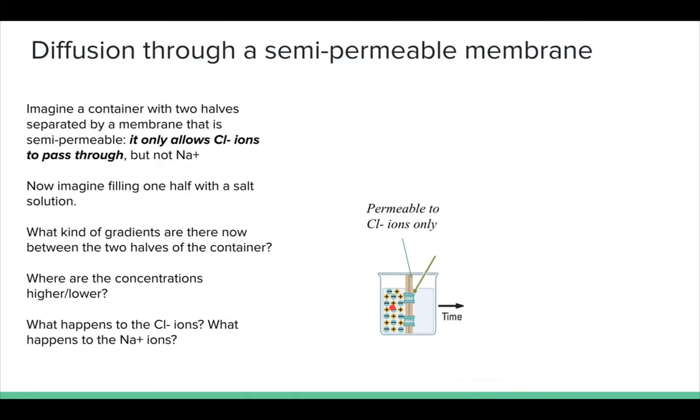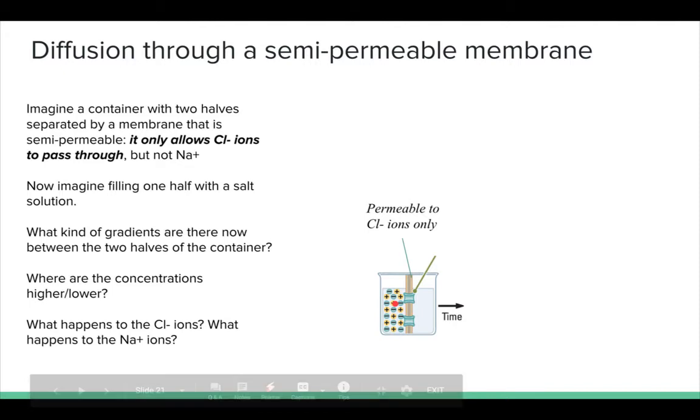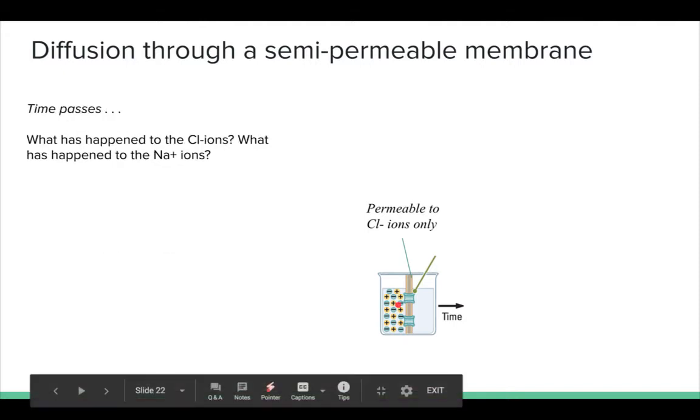So what's going to happen? What do these molecules want to do? They're going to want to diffuse. So what then is going to happen? What's going to happen to the chloride ions, and what's going to happen to the sodium ions? And let's imagine that we've allowed time to pass. So what has happened to them? Where are the chloride ions?